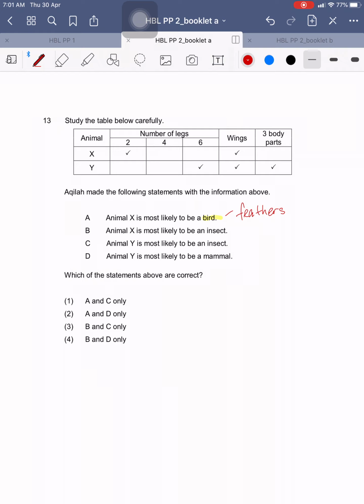So looking at animal X, it has wings, and it also has 2 legs. Alright, so this statement is most likely to be correct. Okay, so animal X is most likely to be a bird is correct.